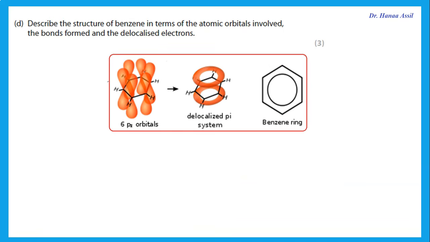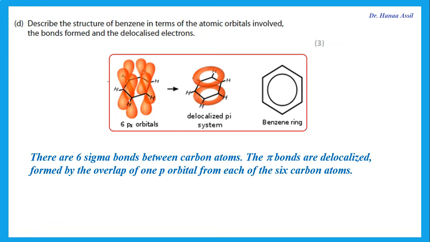Describe the structure of benzene in terms of atomic orbitals involved, the bonds formed, and the delocalized electrons. So we should know that the benzene ring is made up of 6 sigma bonds, and the sigma bonds are due to overlap of the orbitals head to head.